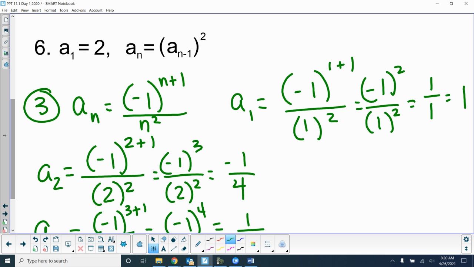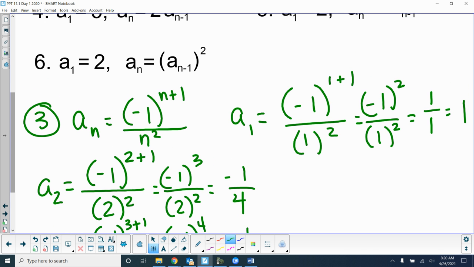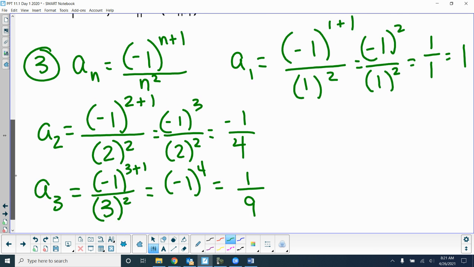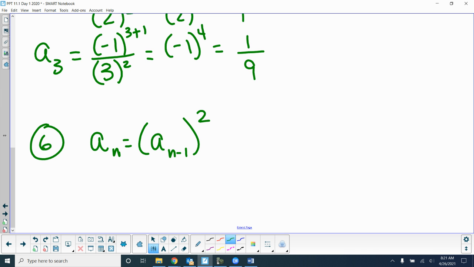All right, you should have it already, right, Zion? Okay, let me just rewrite it. A sub n equals A sub n minus 1 squared. And I told you the first term was 2, right?